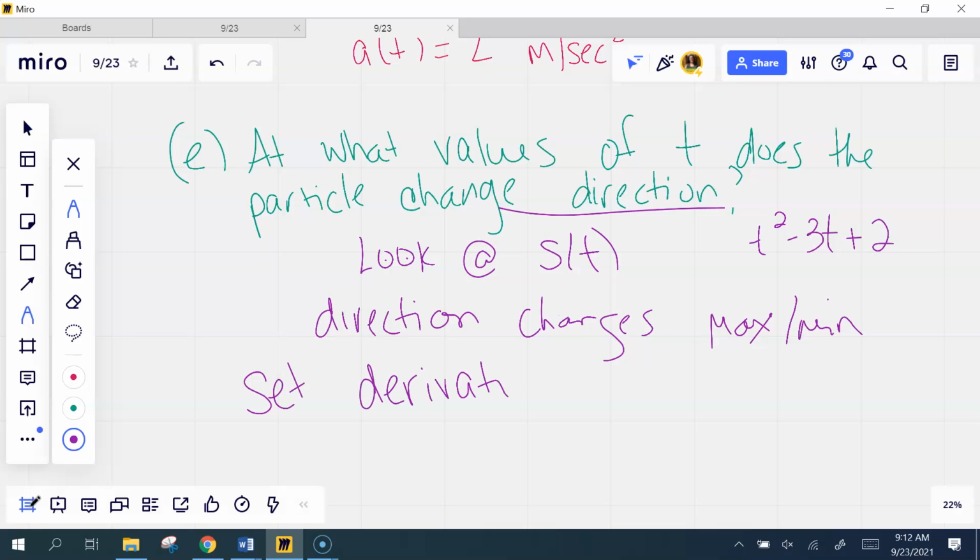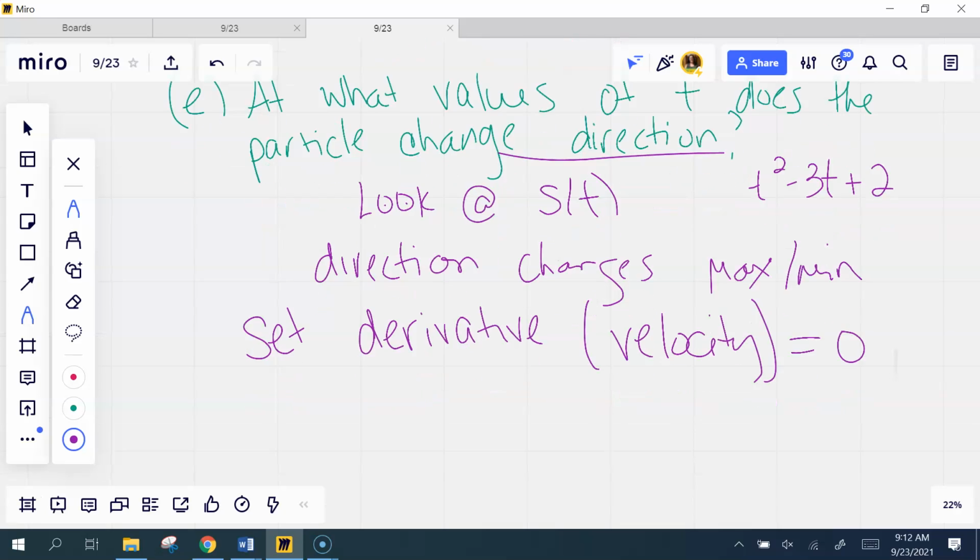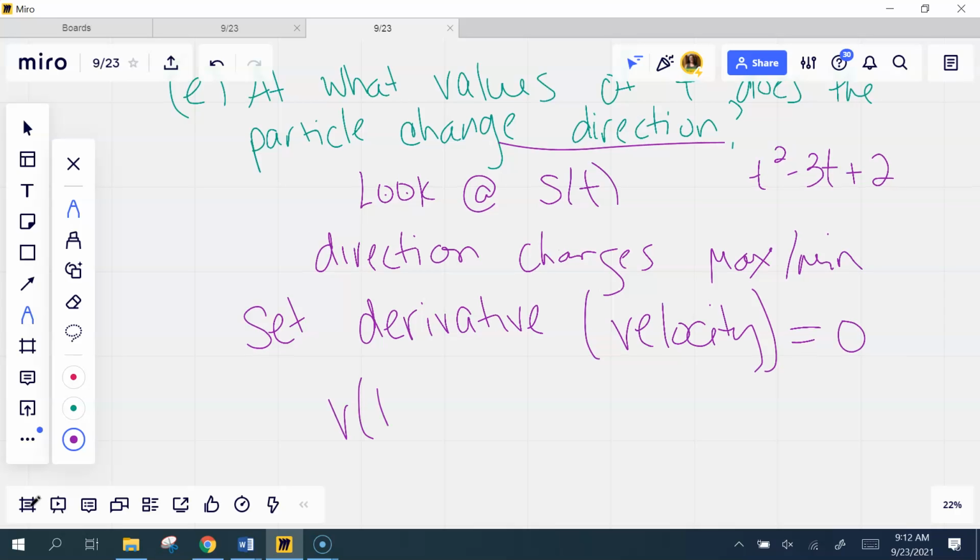So, what is the derivative of position? Velocity. So where does the particle change direction? Well, I need to do velocity equal to 0 and solve. Do you understand why? Because that's where my minimum of my parabola is occurring, because there's a horizontal tangent.